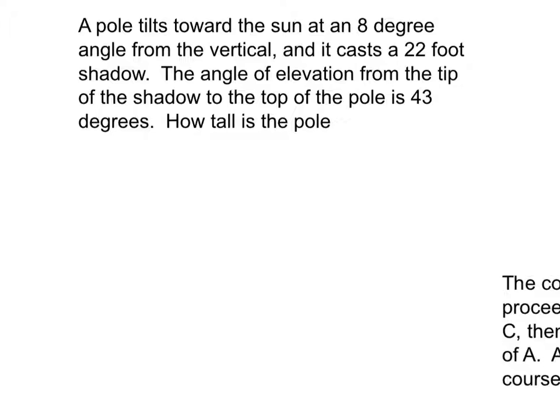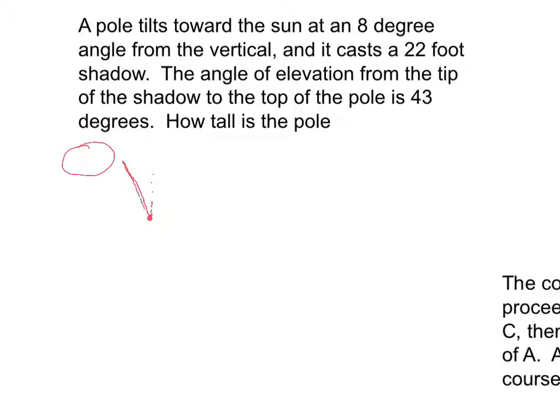Say our sun is over here, it's red and it's hot, and it tells us that the pole is tilting toward the sun at an 8-degree angle from vertical. So if this is the base of the pole and this were vertical, an 8-degree angle might look like that.